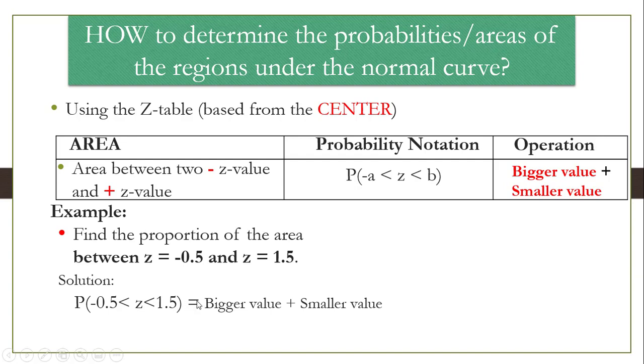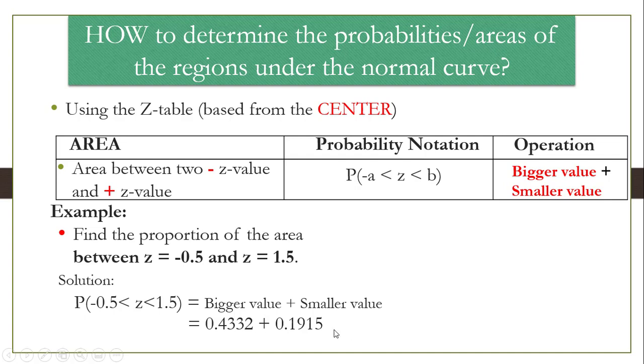So this would be equal to the bigger value plus the smaller value. So the 0.4332 comes from the corresponding area of 1.5, and the 0.1915 is the corresponding area of negative 0.5.